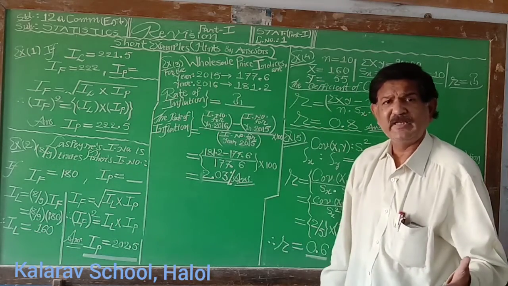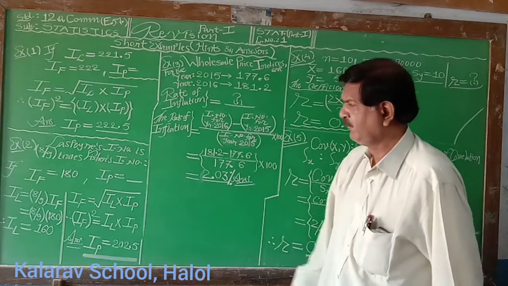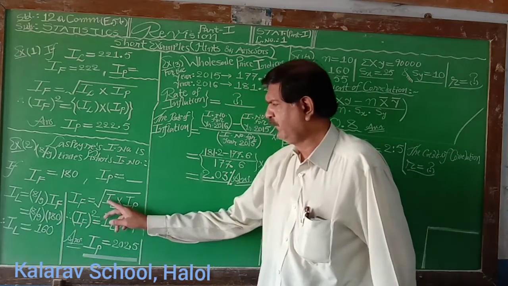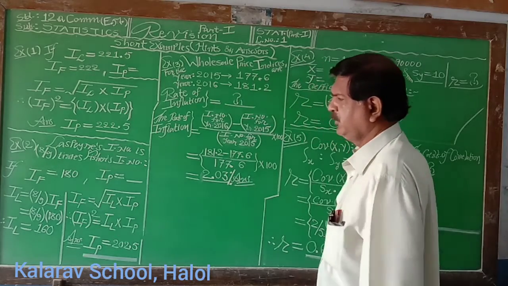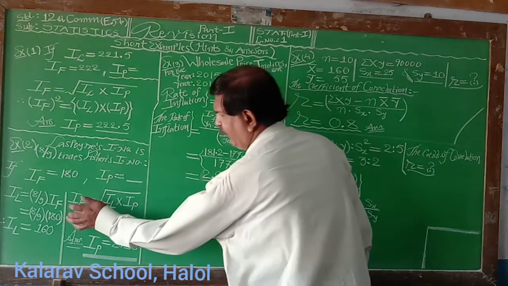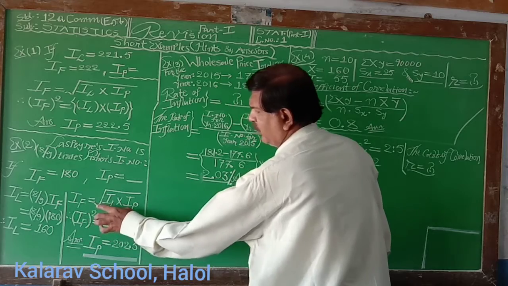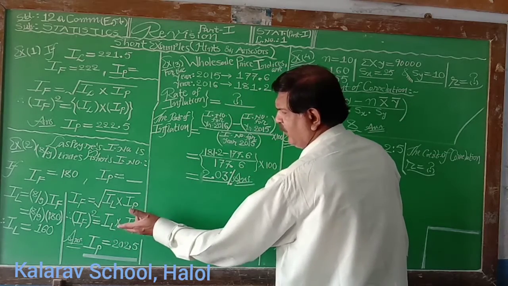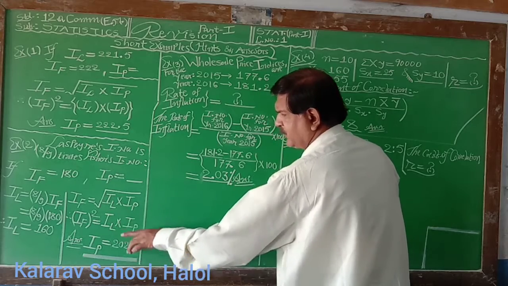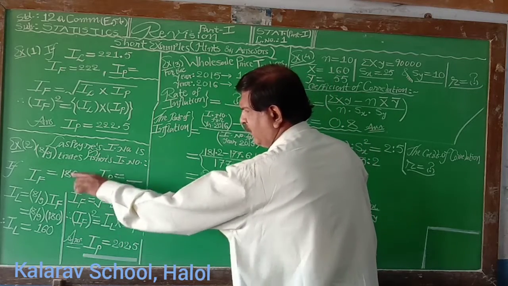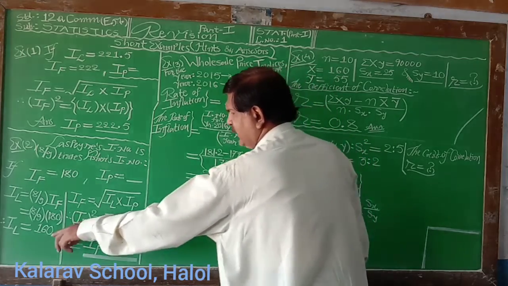Now the same formula is applied for this example. IF equal to root of IL into IP. By making squares on both sides, therefore IF square equal to IL into IP, removing the square root sign. Substitute the values IF 180, IL 160.